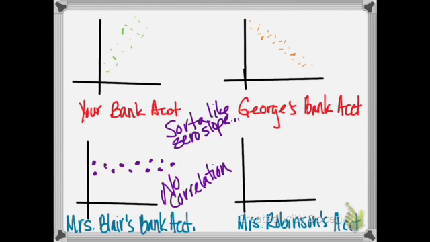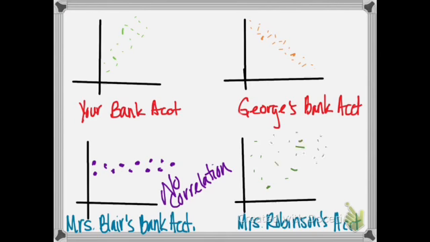Okay, but let's talk about Miss Robinson's bank account. We all know how we like to talk about Miss Robinson. Anyways, let's say Miss Robinson's bank account looks like this. It's just all over the place. There are dots everywhere. Is there any rhyme or reason? No. Are the dots going up or down? They're all over the place. There's no real pattern.